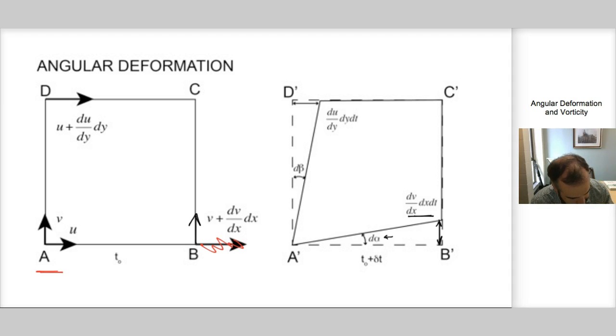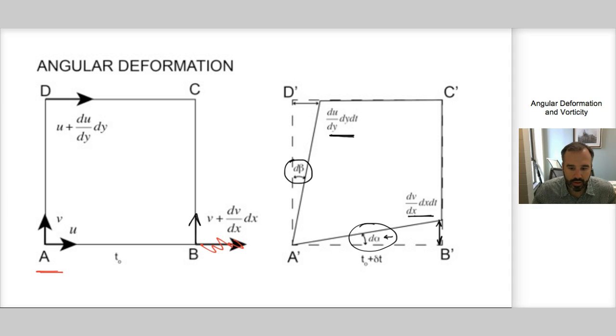Okay, and so now D has moved a little bit further than A, and that further distance is du dy dt, and that creates a change in the angle of d beta. So we have d alpha and d beta as our two angles we've now created between A and D and A and B relative to the previous square fluid parcel we had.